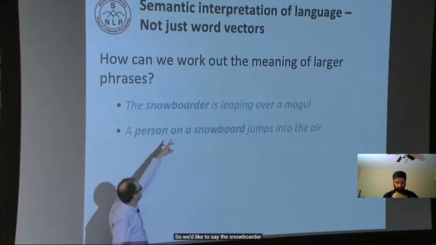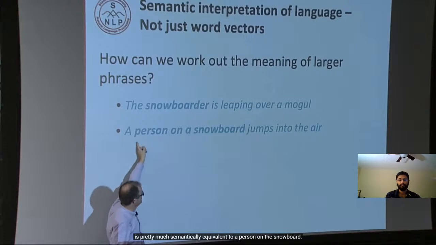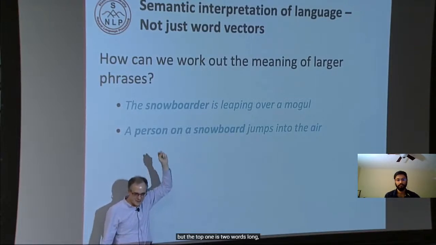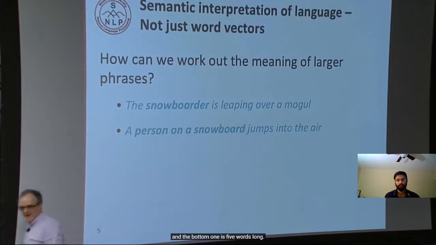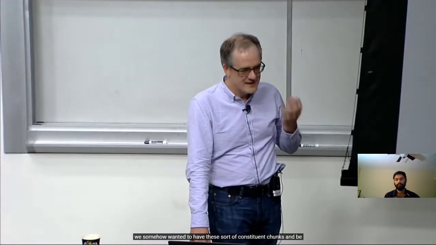We'd like to say the snowboarder is pretty much semantically equivalent to a person on a snowboard, but the top one is 2 words long and the bottom one is 5 words long. So if we're going to do that, we somehow want to have these constituent chunks and be able to work with and represent them in neural networks.